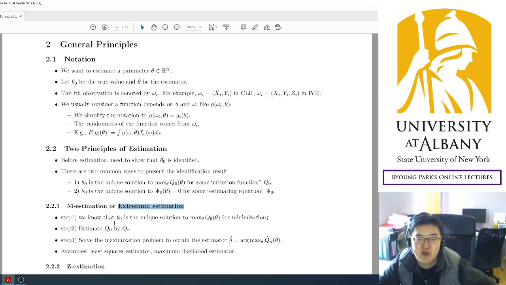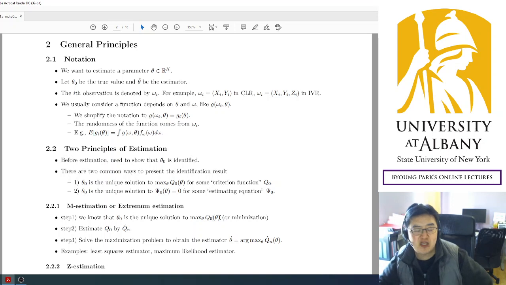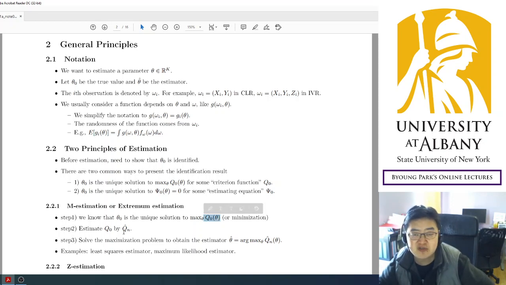We know that theta is identified as the unique solution to a maximization problem of a certain criterion function. And then what we need to do here is estimate the criterion function using the sample data, and say the estimator for the criterion function is Q hat.